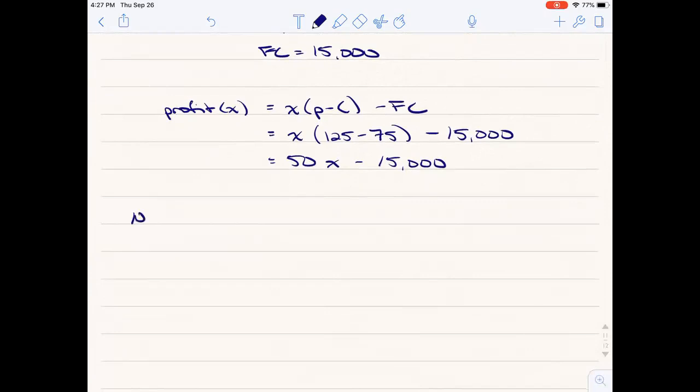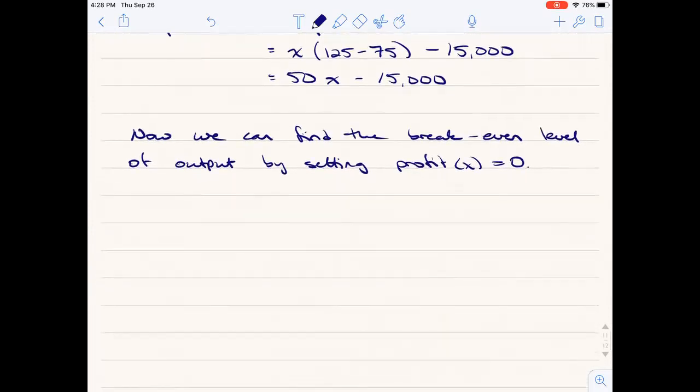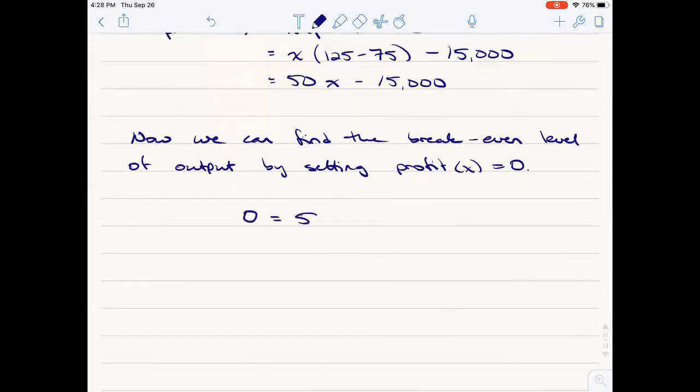So now we can find the break-even level of output by setting the profit of X equal to 0. So doing that, I see, okay, 0 is 50 times X minus 15,000.